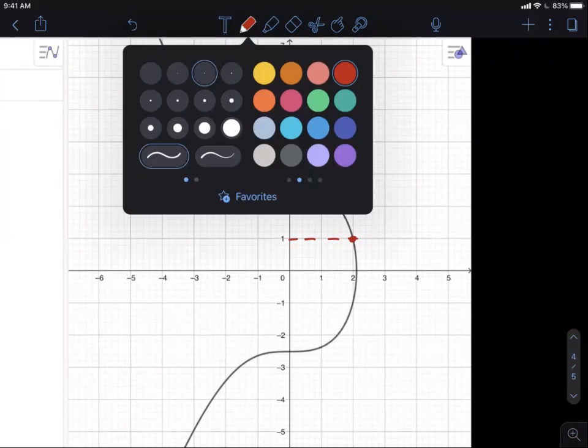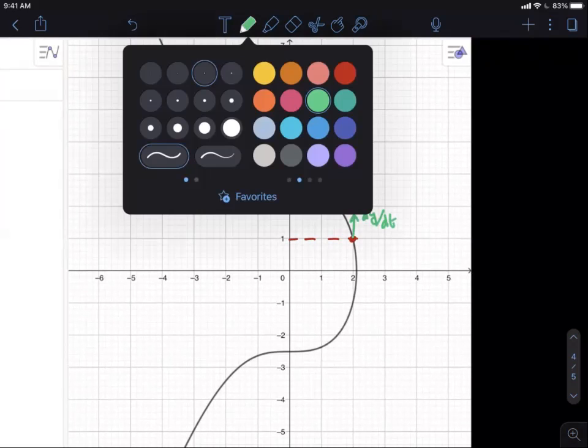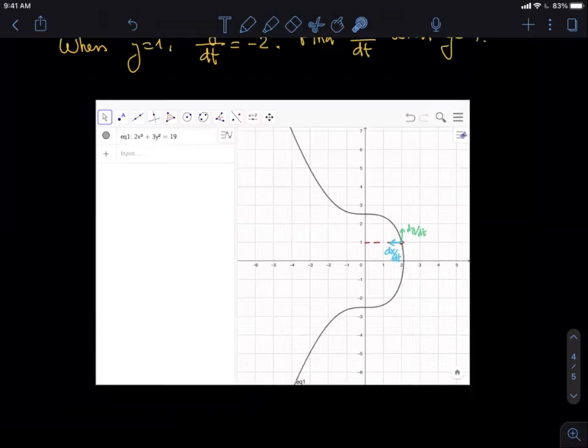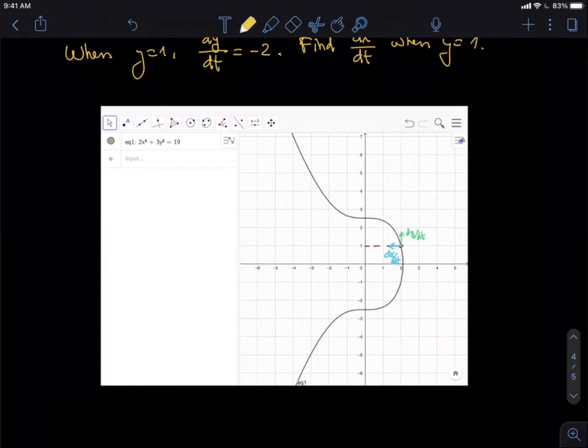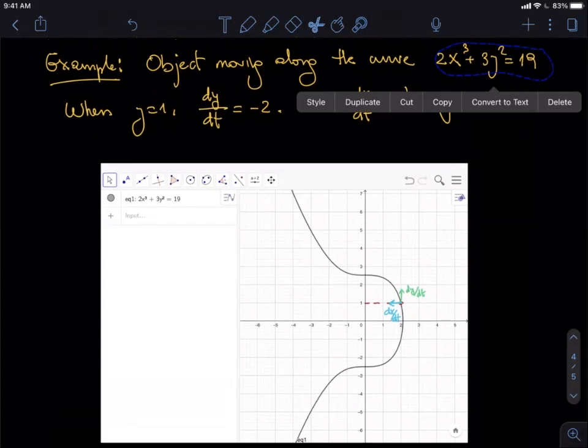And we have here two rates of change. One is the rate of changing the coordinate y, and the other one is the rate of change in the coordinate x. And we know dy/dt, so the problem is asking is find dx/dt. So let's get to it. Now the curve we are given, let me copy paste.